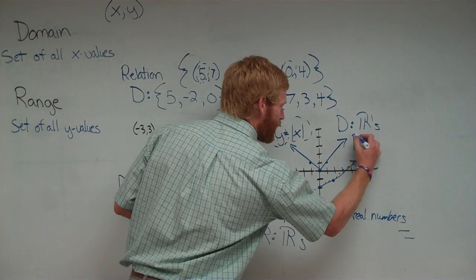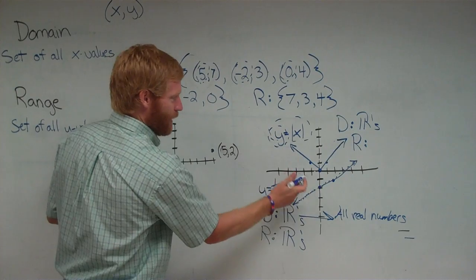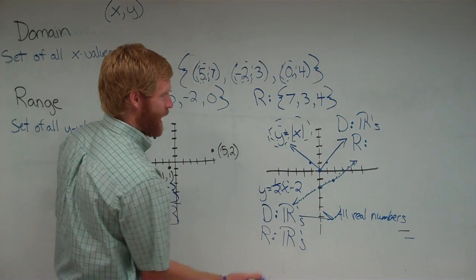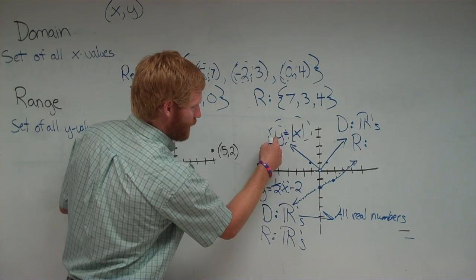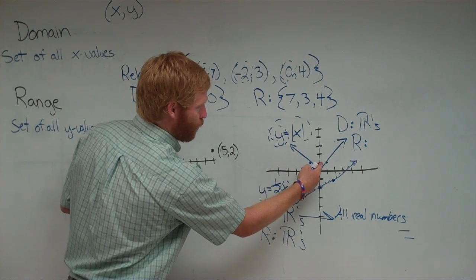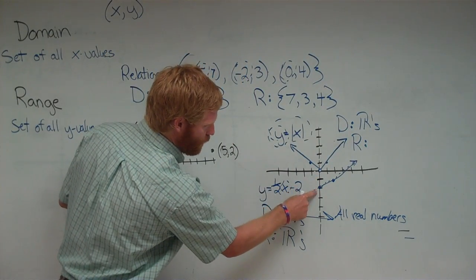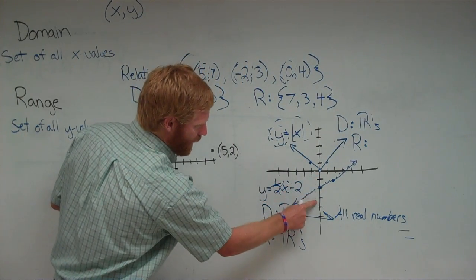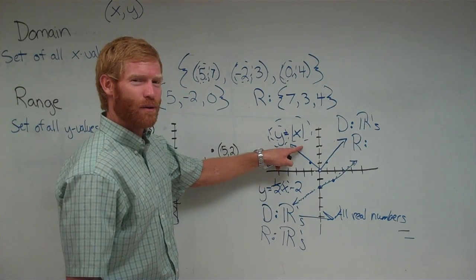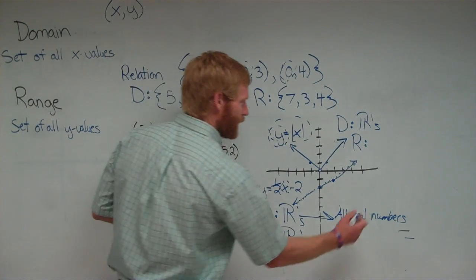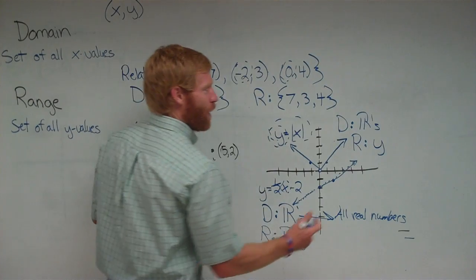Now as I look at the range though, there are limitations. The graph represents that as a visual, knowing 0 is represented on the y-axis, plus 1 and 2 and 3, and all the way up to positive infinity. But recognize there are no points on the graph that have y values that are negative. So in this situation, we're going to use an inequality, y, and that's how I'm going to represent that.